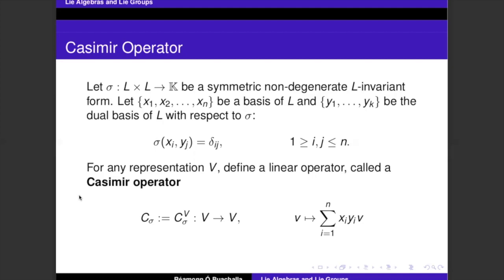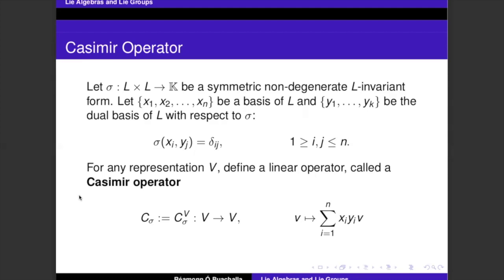So remember, for something like an inner product, because it's positive definite, the dual basis and the basis coincide. x1 pairs with x1 and kills everything else, x2 with x2 and kills everything else, and so on. Here, we're not dealing with inner products. We're dealing with things which are non-degenerate, not positive definite.